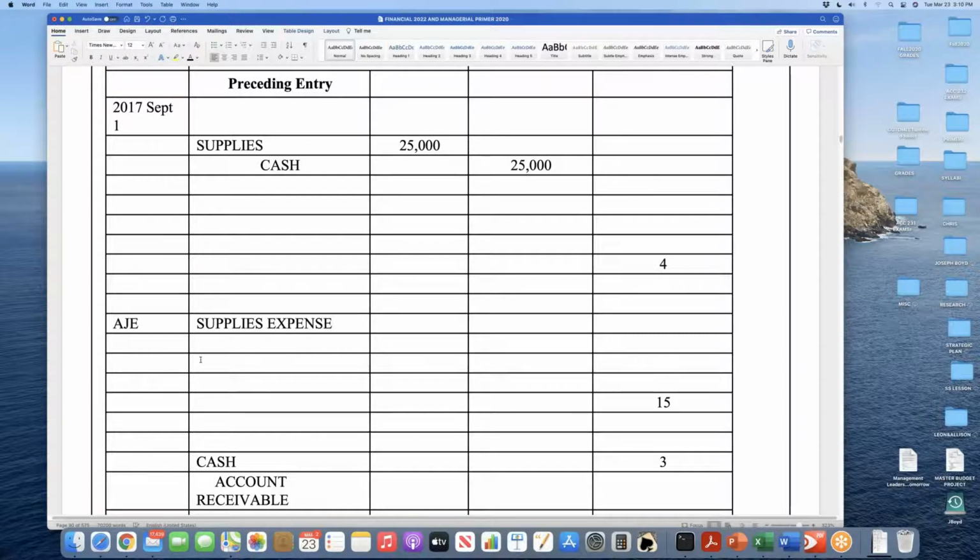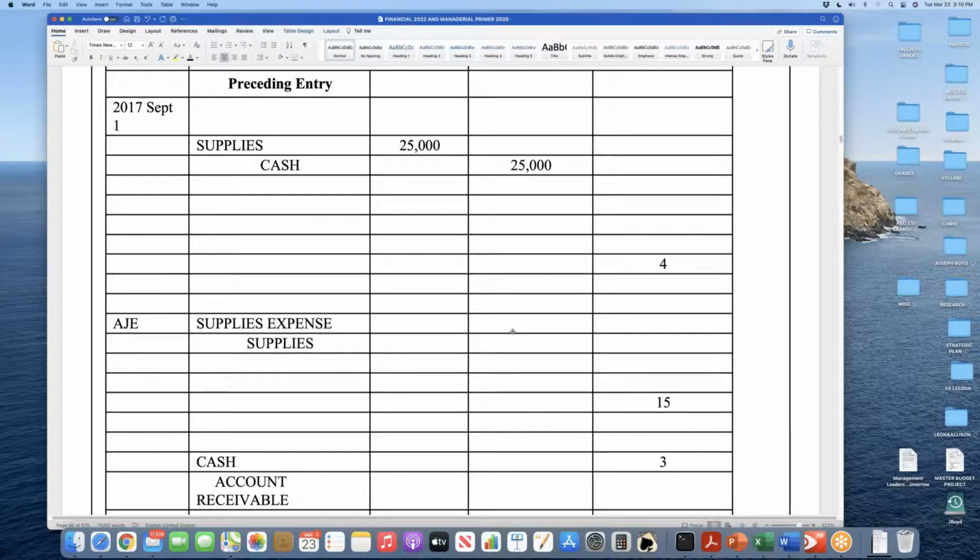And what are you going to credit? Supplies. So we're going to credit supplies.